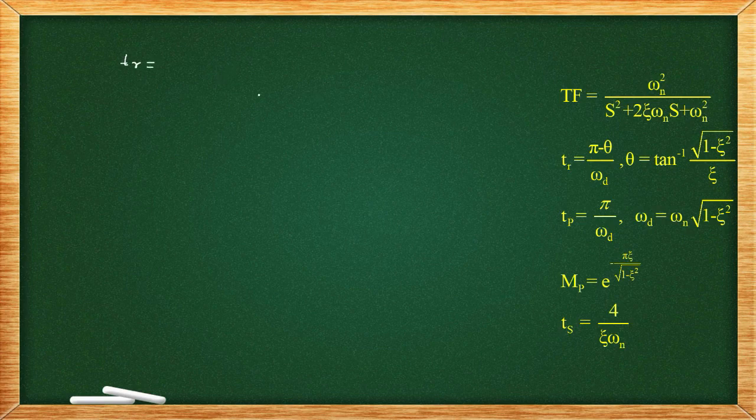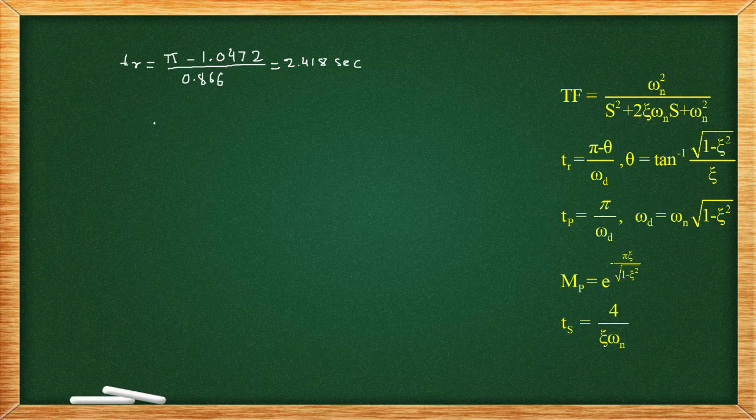The formula is already there, so I'll directly substitute the value: pi minus theta, where theta has to be in radians, so 1.0472 divided by omega d, which we know is 0.866. The answer of the rising time is 2.418 seconds.